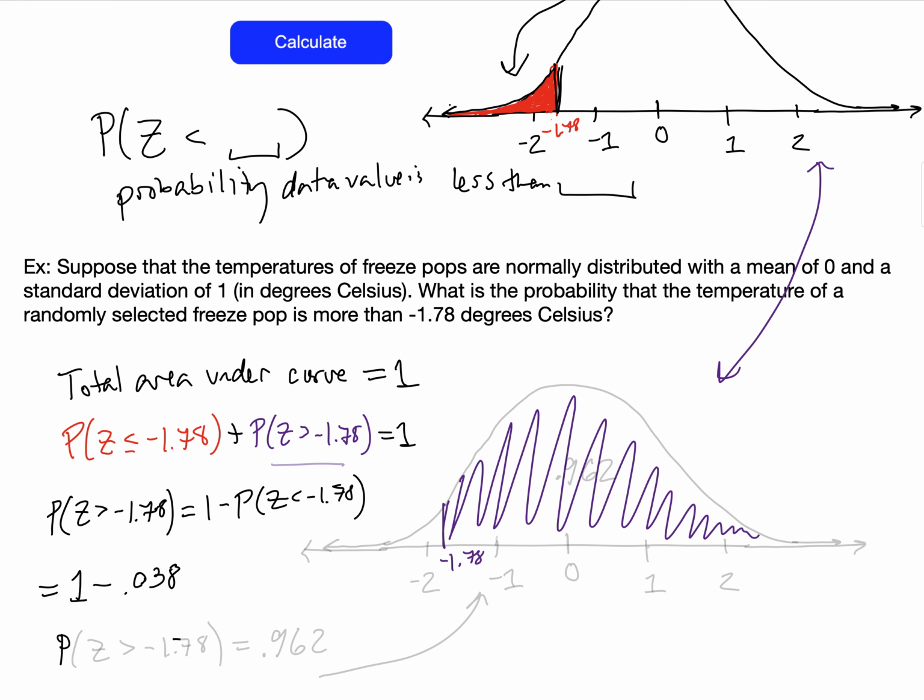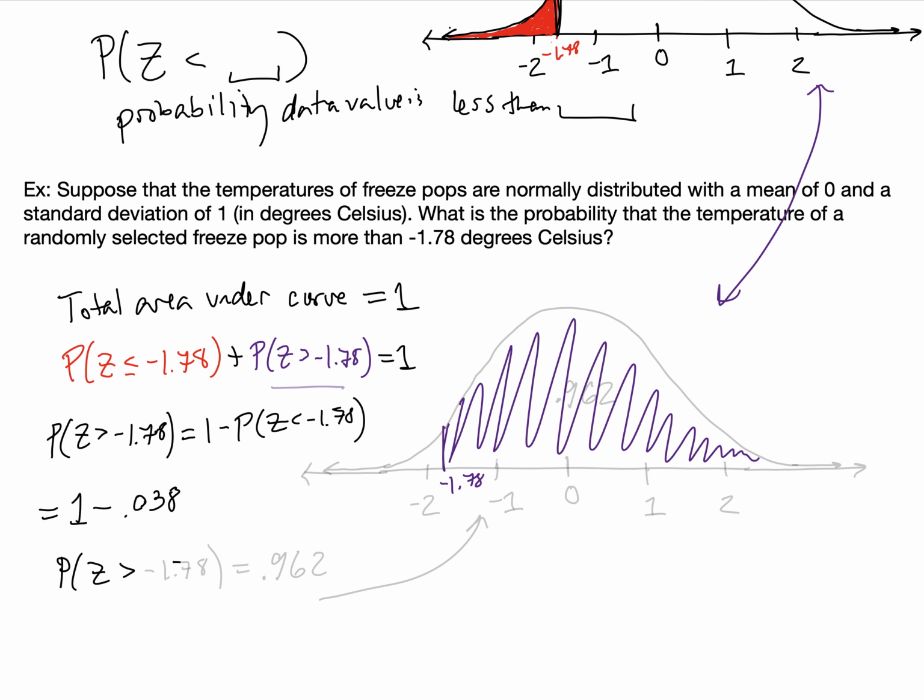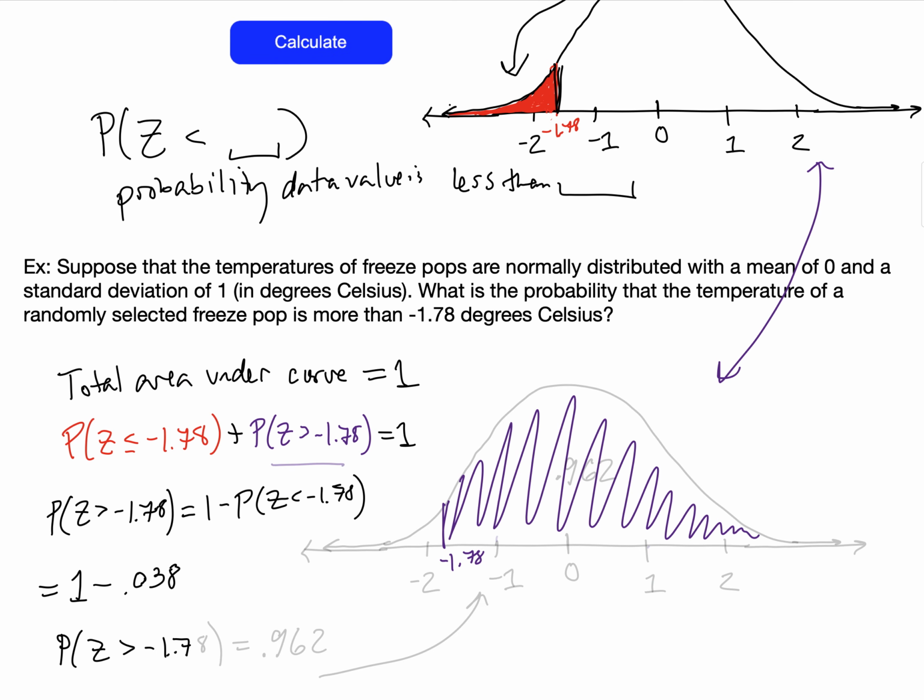The probability that z is greater than negative 1.78 is equal to 1 minus 0.038, which is 0.962. So this probability right here is 0.962. Generally speaking, anytime we're looking for the probability that z is greater than a particular value, we'll do 1 minus the probability that z is less than that value.